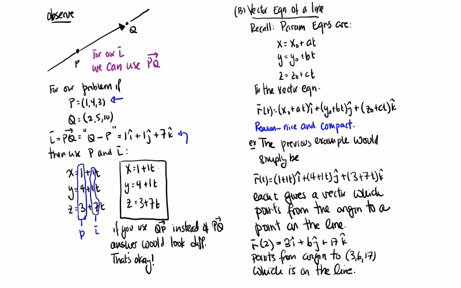So again, if it seems a bit weird that we're using a vector to represent a point on the line, that's okay for right now. Just put it aside. It's just something that we'll use a lot later. For now, it's just something to remember.